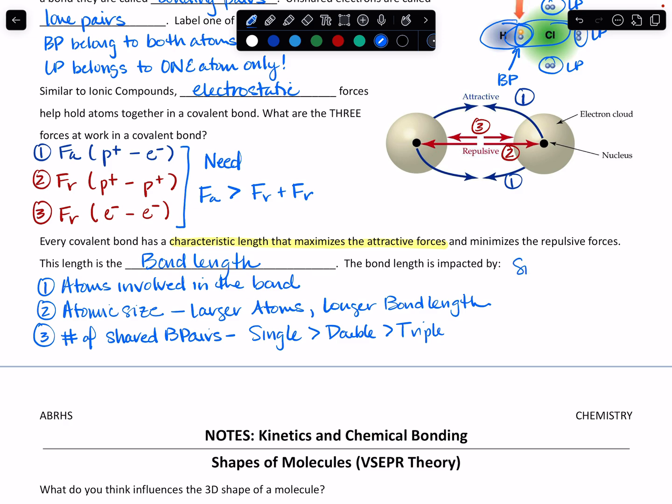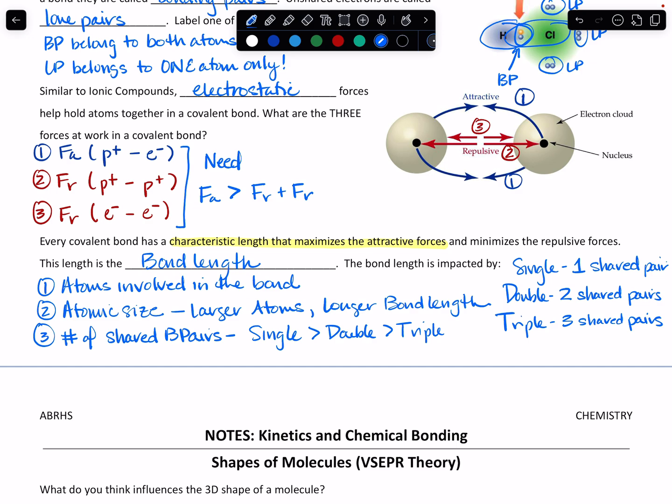So a single bond is one shared pair. A double bond is two shared pairs, as I'm sure you guessed. And then a triple bond is three shared pairs.